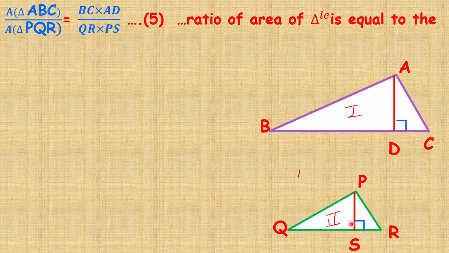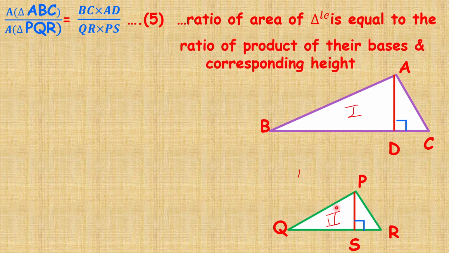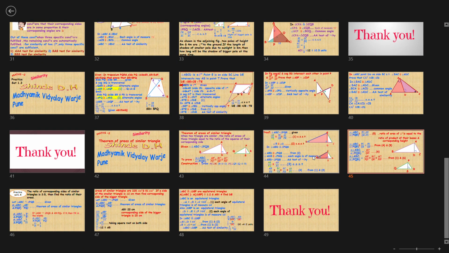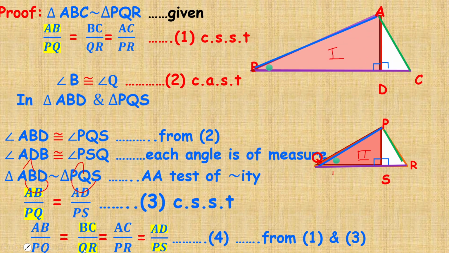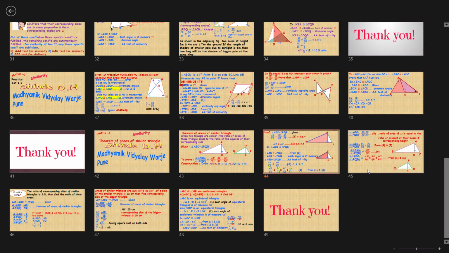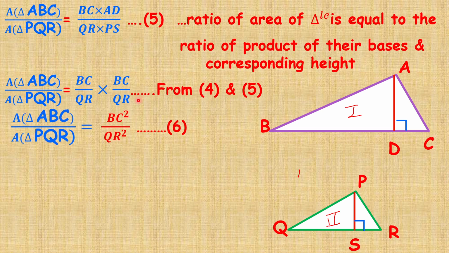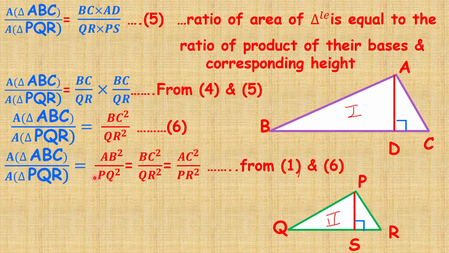But AD upon PS is equal to BC upon QR, because from statement 4, BC upon QR is equal to AD upon PS. We substitute the value here: AD upon PS is nothing but BC upon QR. BC into BC is BC square upon QR square. Similarly, we show the area of triangle ABC upon area of triangle PQR.